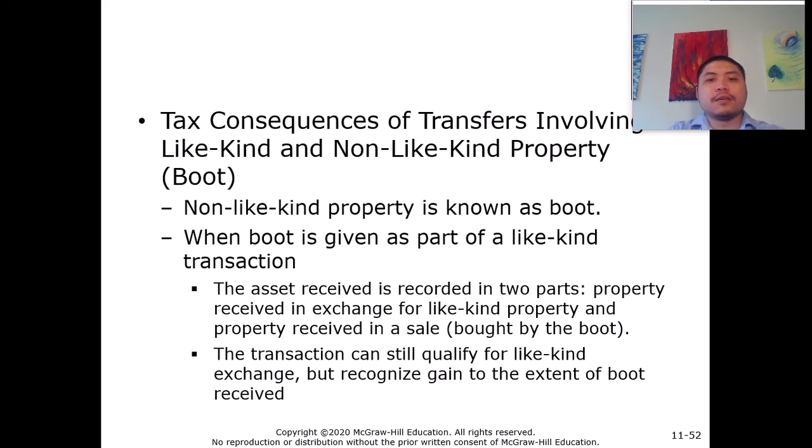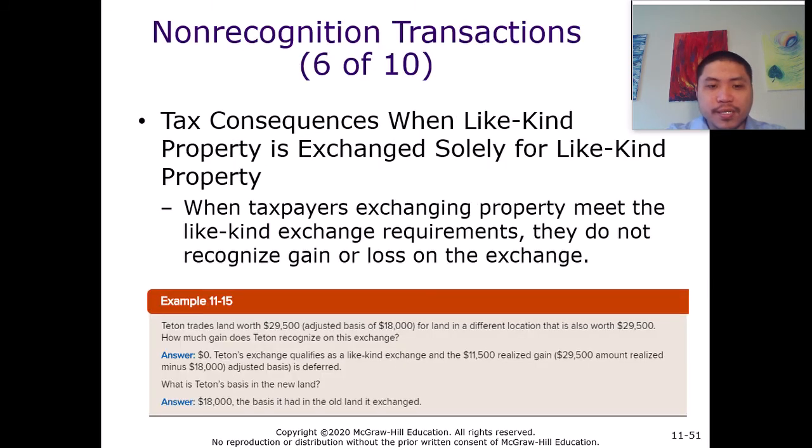This kind of situation usually happens when the values of the two properties in the exchange are not equivalent. In the previous example, both pieces of land were worth $29,500.